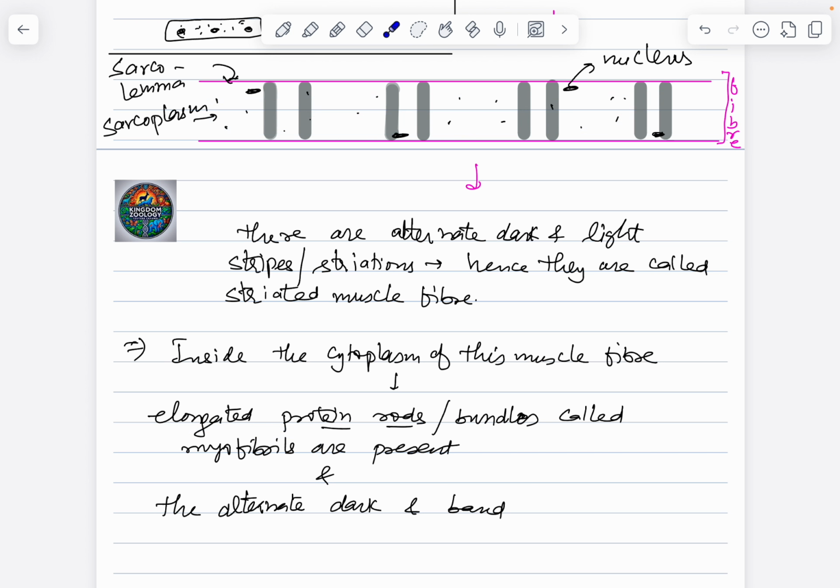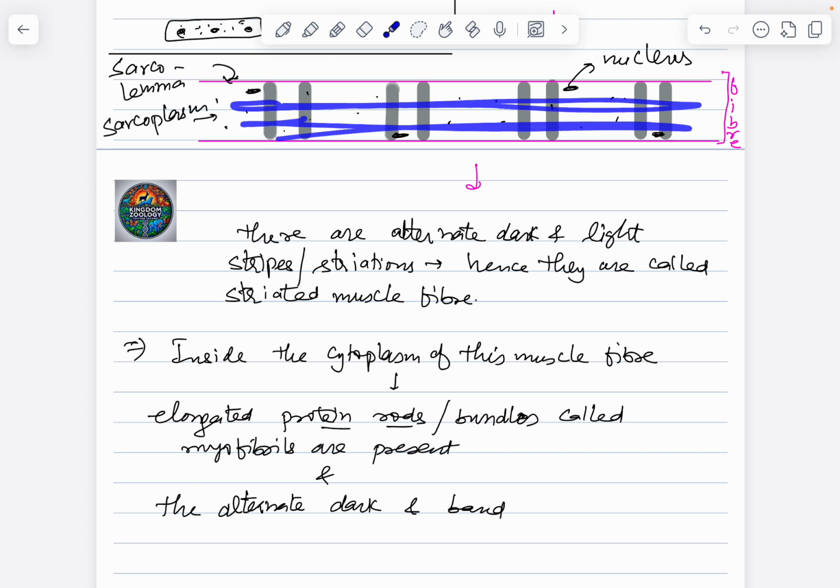And the sarcolemma is somewhat transparent. So if there are proteins inside the cell which have stripes on them and the cell membrane is transparent, will we be able to see those stripes through the transparent cell membrane? Yes, we can. So the reality is that all these stripes that we can see here are not actually present on the cell. They are in fact present on what? The proteins inside the cell.